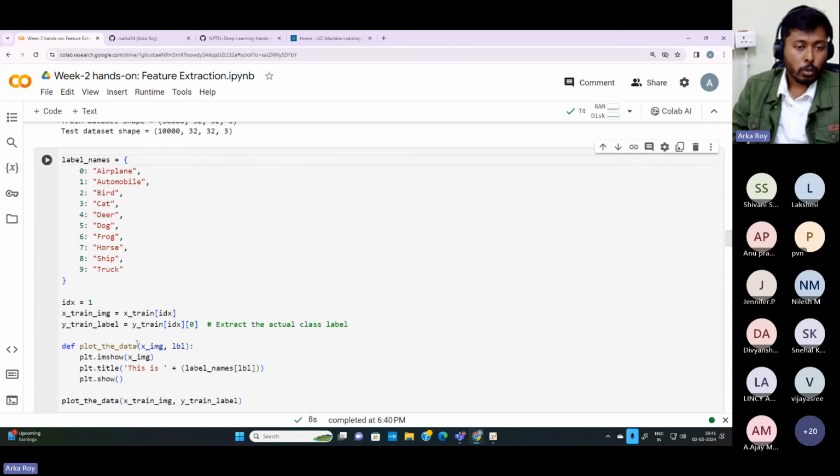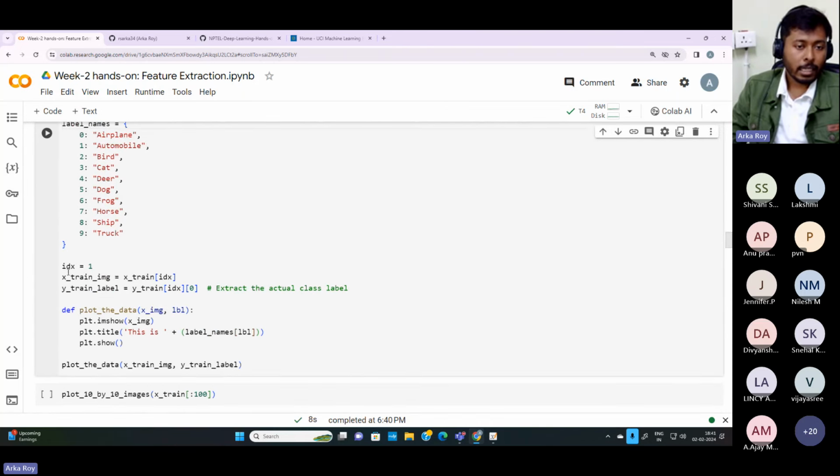So let me show you one image. Let me show you the first image, and that is why I have written idx equal to 1. The image is stored in this particular variable, xtrain of that particular index, and then I'm storing the label as well from ytrain at idx, 0.